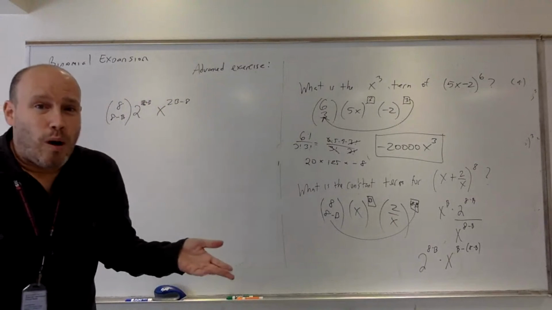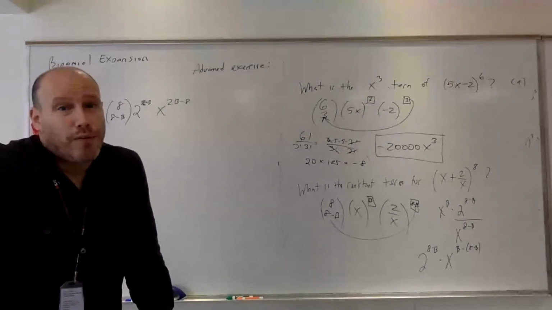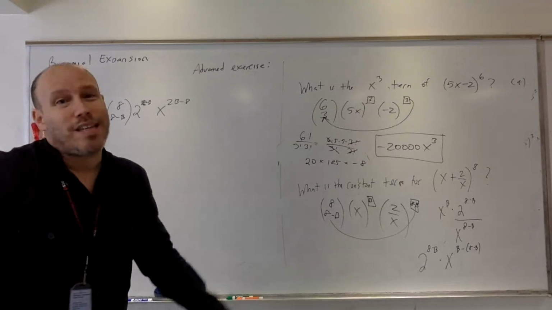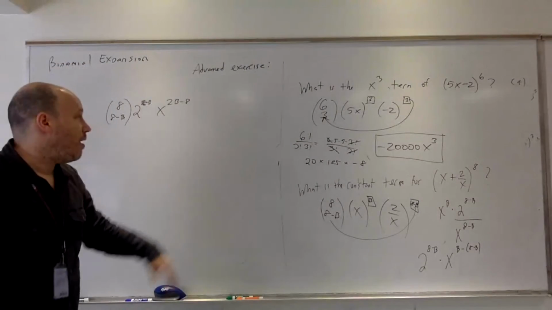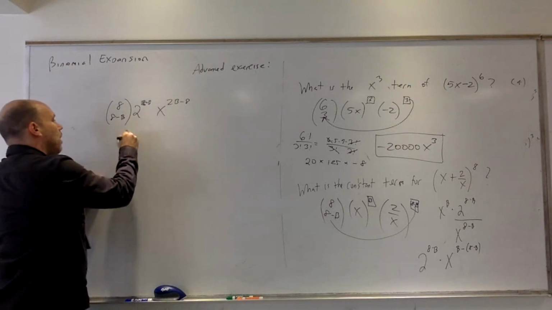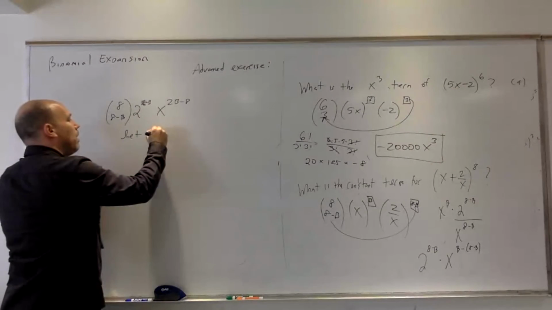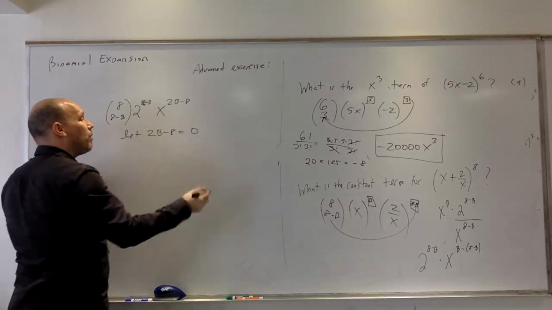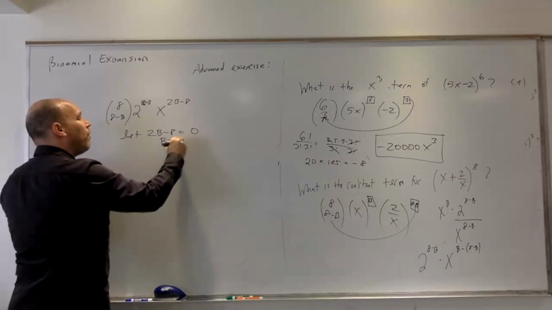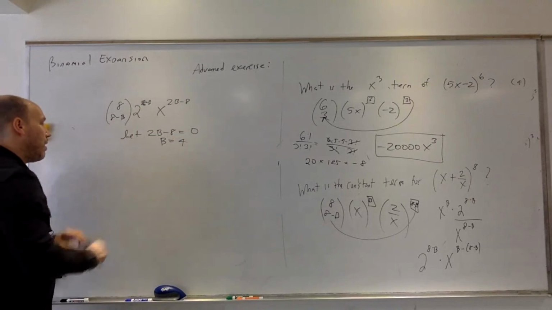Well, we're almost done. What did we say we were looking for? Well, we were looking for the constant. Well, what's not in the constant term? X. So let 2b minus 8 equal 0. B equals 4.